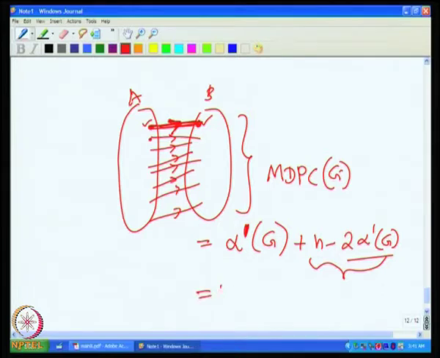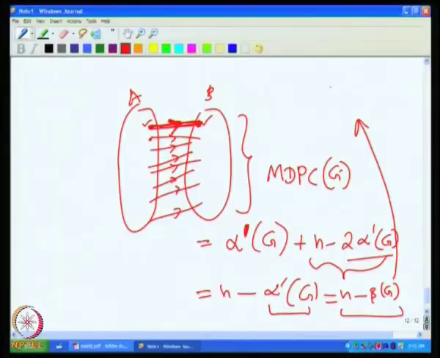So this will be n minus alpha dash of G, and by Koenig's theorem, this alpha dash of G is essentially beta of G. And what is that? So this one is essentially our alpha of G, isn't it?